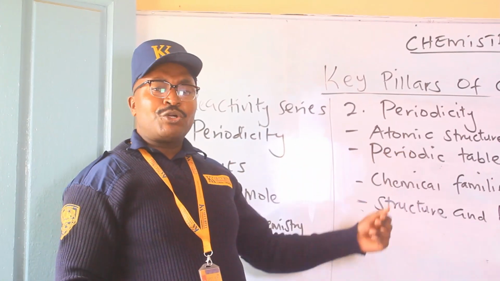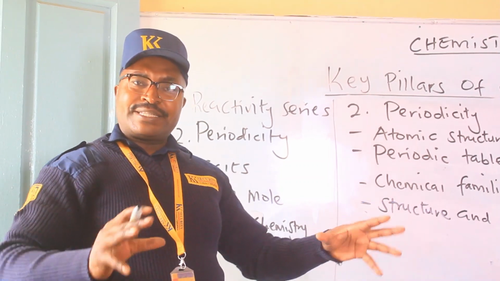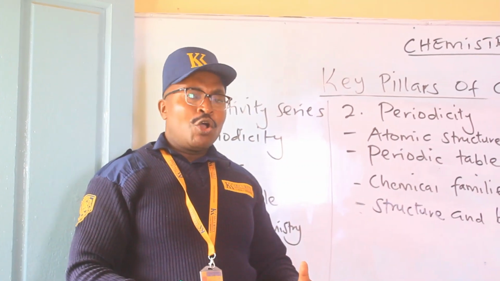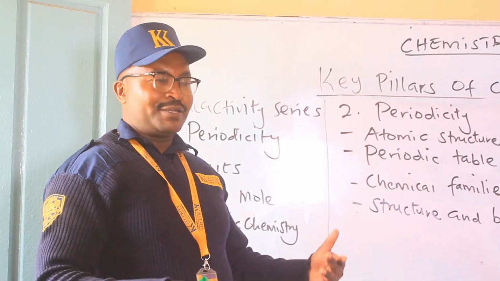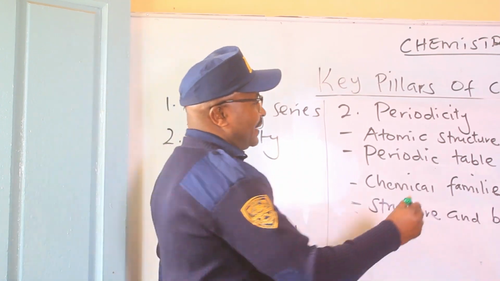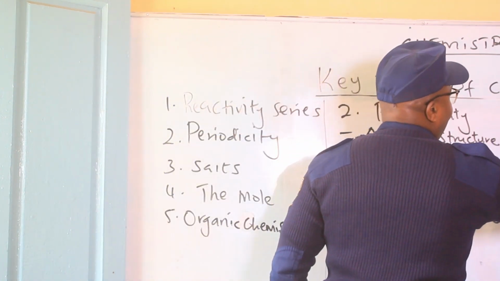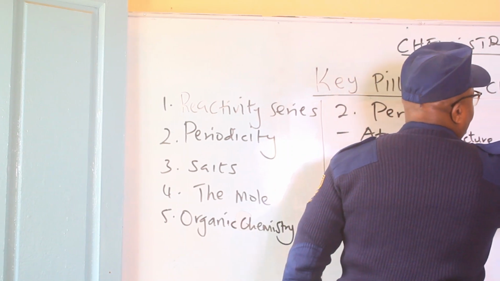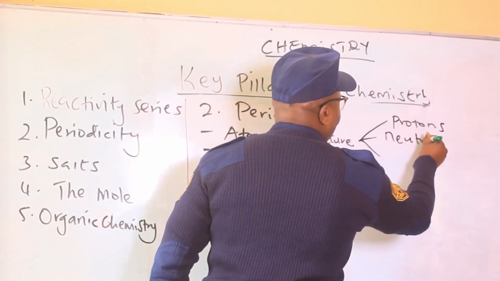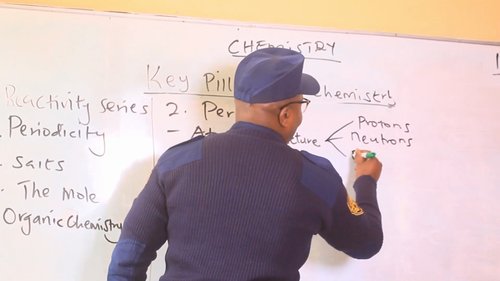When we talk about atomic structure, we are talking about the structure of the atom, which is made up of subatomic particles. And these subatomic particles, we have the protons, we have the neutrons, and then we have the electrons.